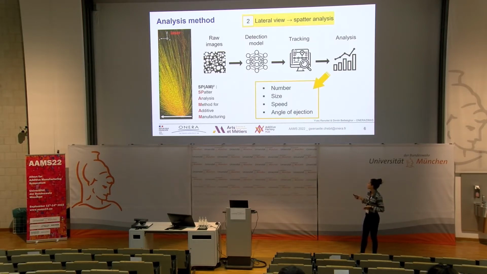We developed a tracking system using the morphology of the spatter and everything to follow them from one image to the other. Here you have, for example, the cumulative trajectories for each spatter. In the end, this whole system gives us the number, the size, the speed, and the angle of ejection of each spatter, so we can define some pollution rate, for example.